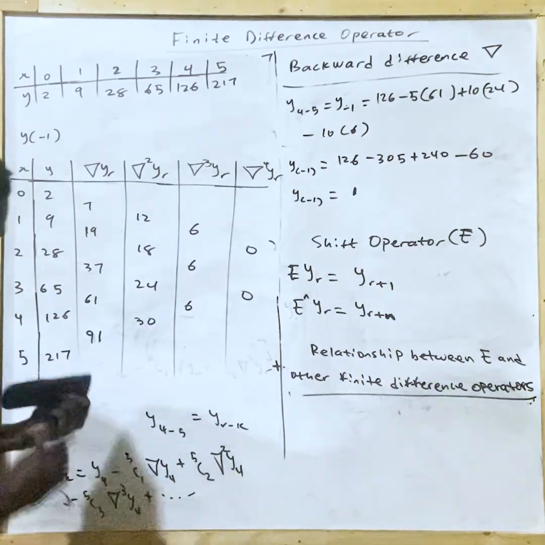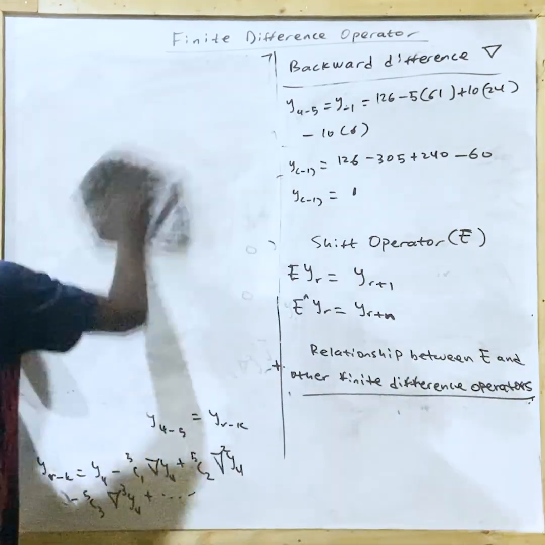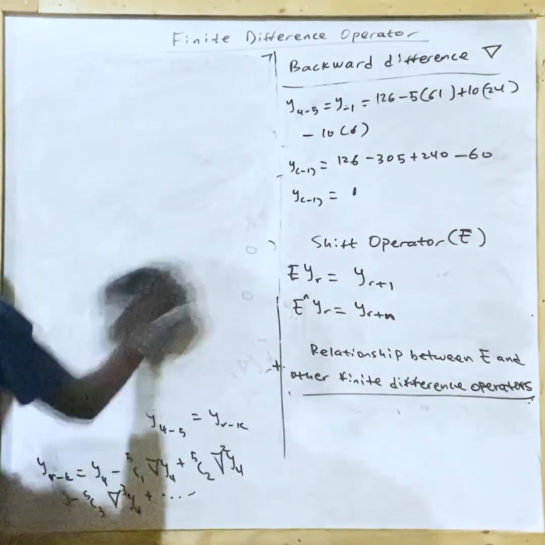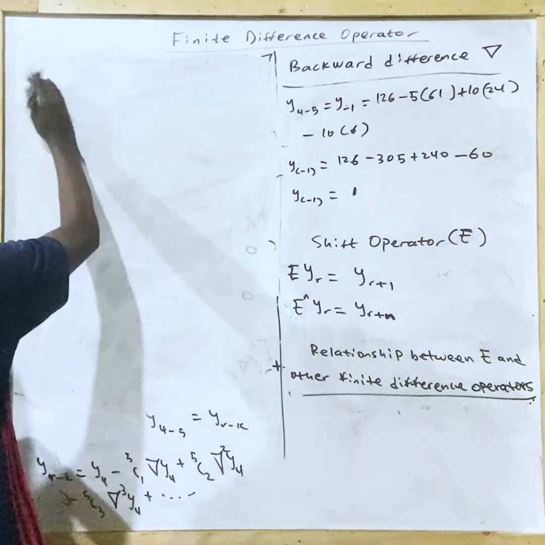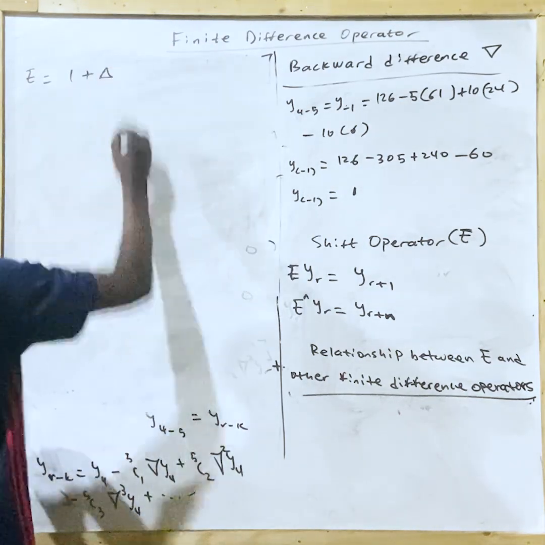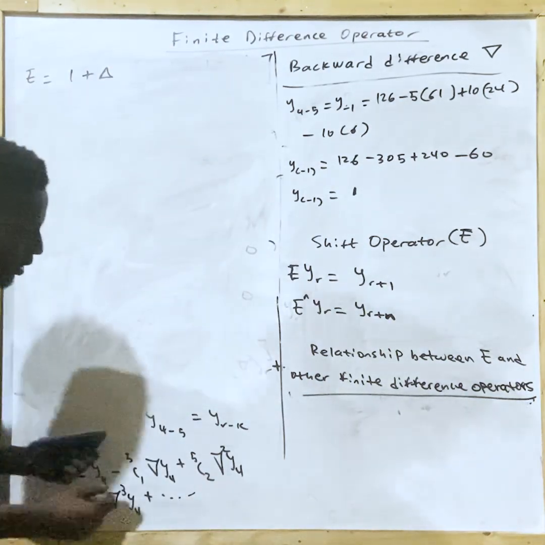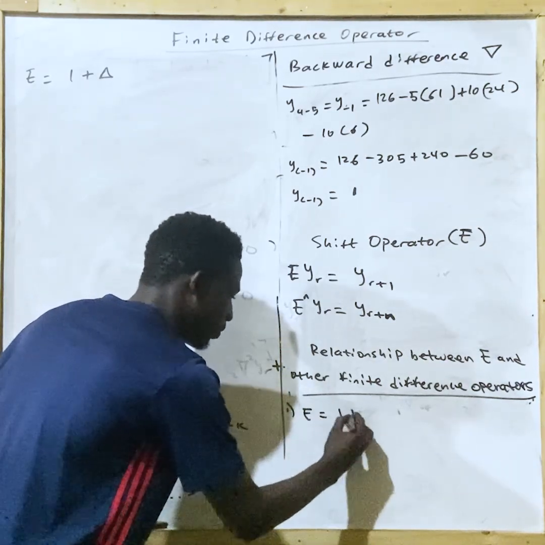One of the first relationships is that E equals 1 plus the forward difference.